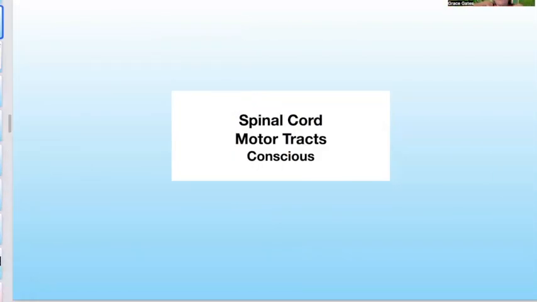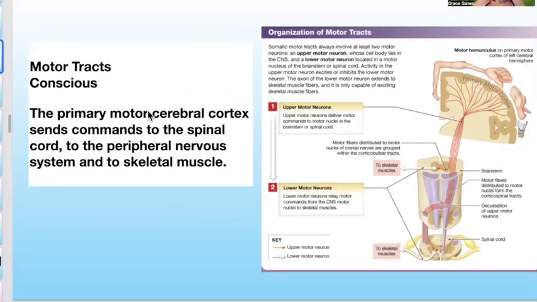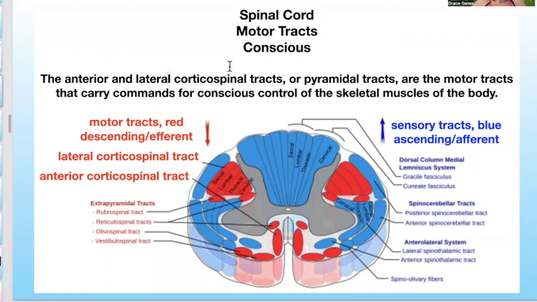Okay, so spinal cord motor tracts, conscious. The primary motor cerebral cortex sends commands to the spinal cord, then to the peripheral nervous system, and to skeletal muscle. The anterior and lateral corticospinal tracts, also called pyramidal tracts, are the motor tracts that carry commands for conscious control of the skeletal muscles of the body.